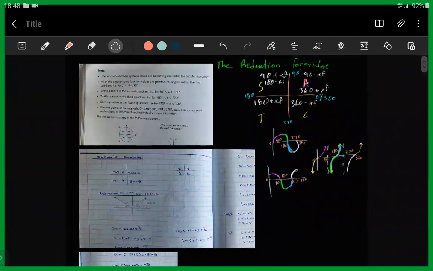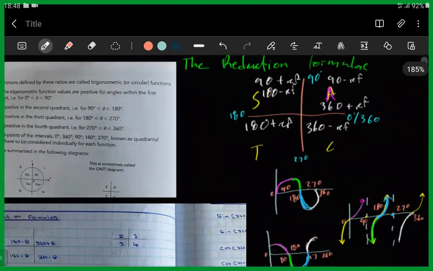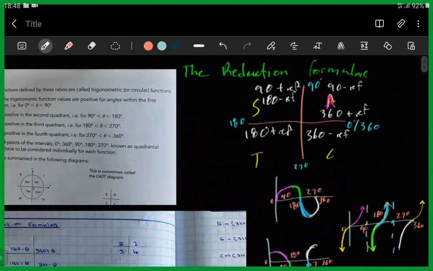So when you work with these expressions, this is all you need to remember. You see that there are only 3 sets of numbers here to deal with. There's 90, there's 180, and there's 360.